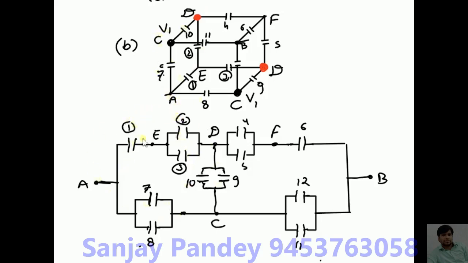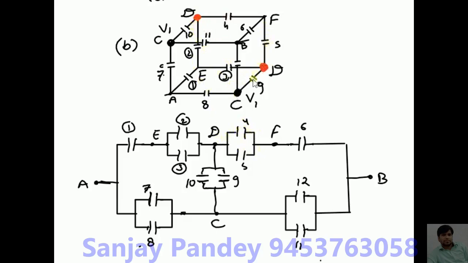Between A and E there is one capacitor, capacitor number 1. Between E and D there are 2 capacitors, capacitor number 2 and capacitor number 3. Now between D and F there are 2 capacitors, 4 and 5.